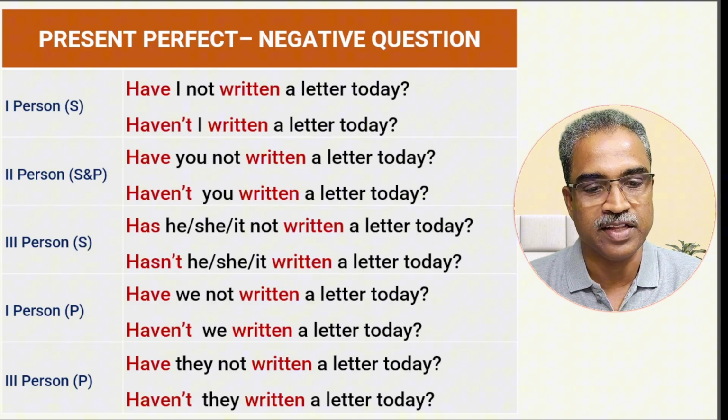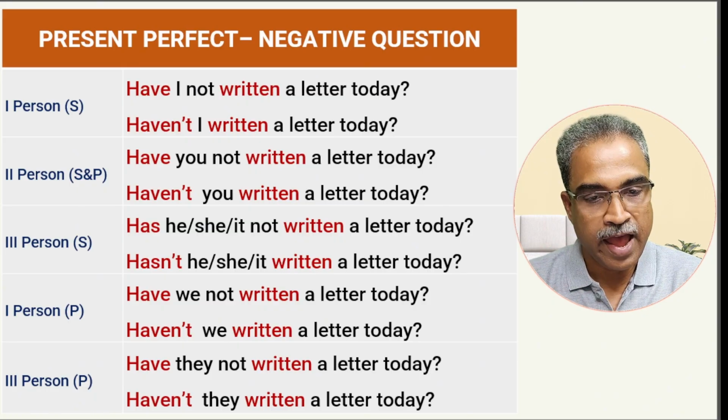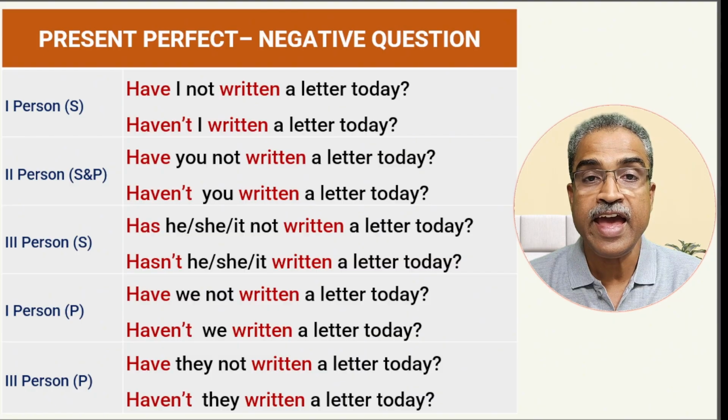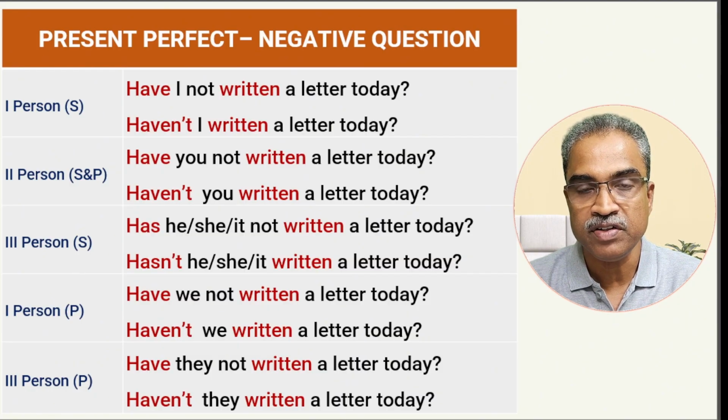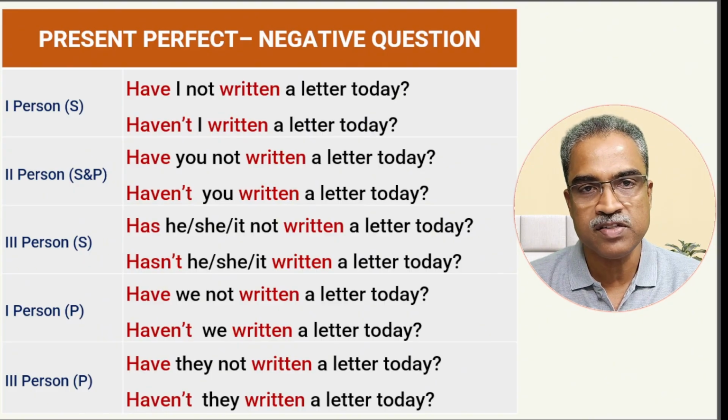You can keep asking like this. We have not written. Have we not written? Haven't we written? They have not written. Have they not written? Haven't they written? And if you want to ask a question word, why haven't they written? You can ask. This is a WH question. The format is the same.